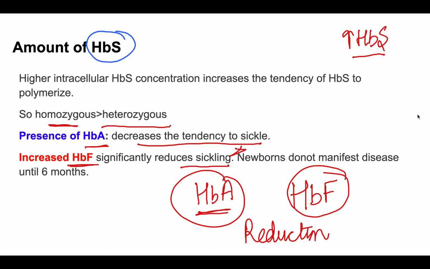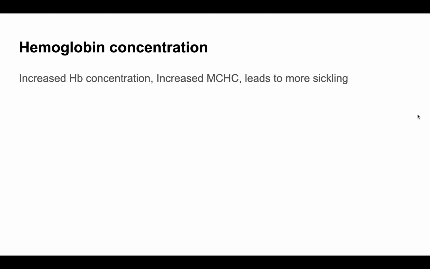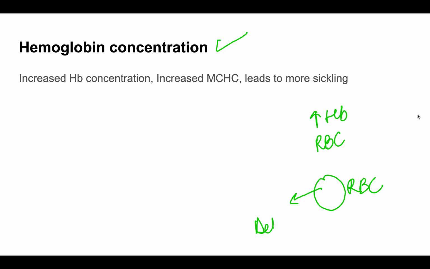This is important because newborns do not manifest the disease until 6 months, because newborns have HbF in them. Then the second reason for sickling is the hemoglobin concentration, that is, increased hemoglobin inside the RBCs. Say this is the RBC and it is getting dehydrated because of some reason.